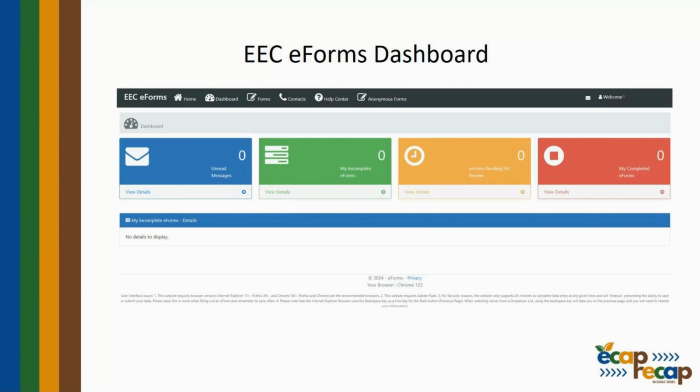We've got the blue, the green, unread messages, my incomplete eForms. We'll go through all of these. The good thing about your dashboard is that any message you get will come through here. You can also track your submission. You can go from my incomplete eForm, and once you submit that, it should show up on the pending. Once they assign it, it'll show up on my complete. We'll talk about each of them, but it's just a good way to track your submissions.